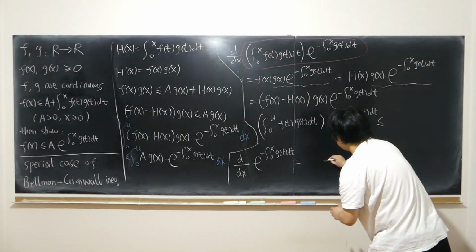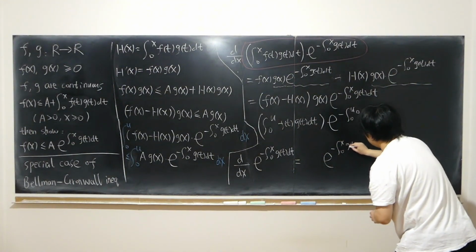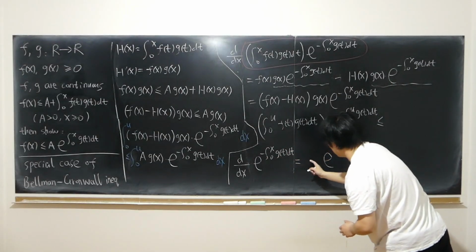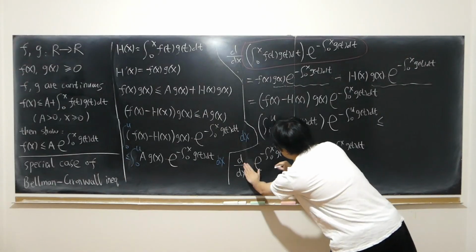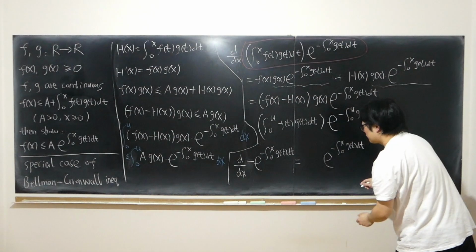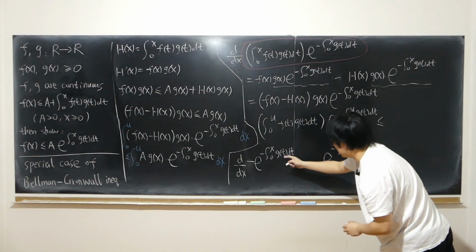You keep this, e to the negative integral of g of t dt, and you differentiate this. There's a negative sign coming up, so maybe we can use negative. Negative becomes positive. Then you differentiate this one, g of x.